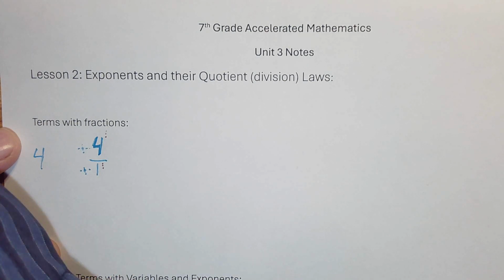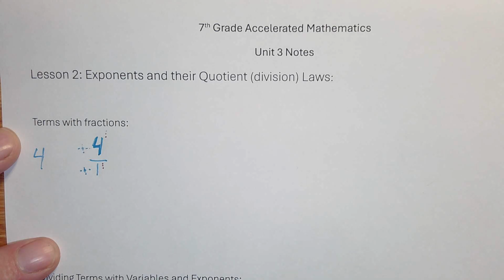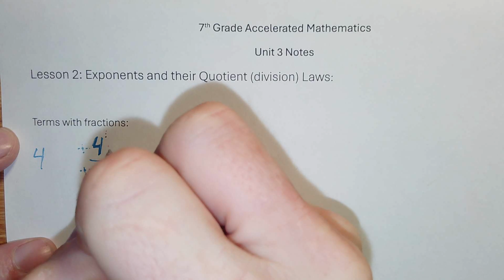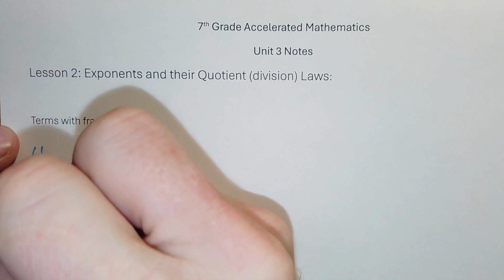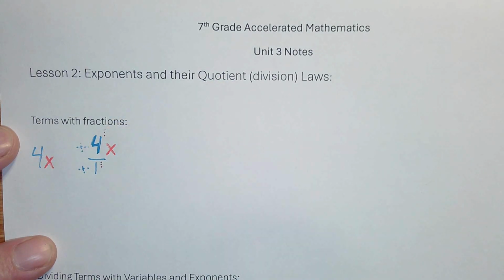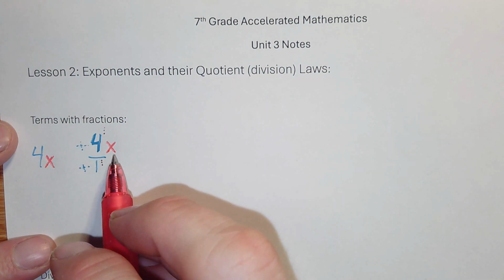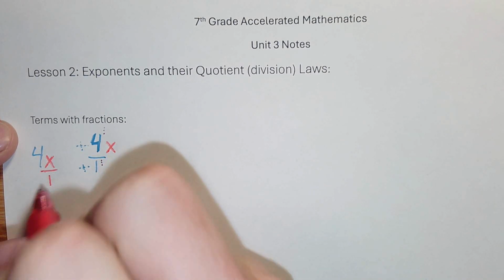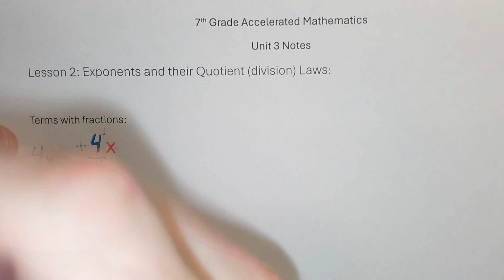But if we add a variable to this, it becomes a little different. We'll use a good old x. We call this 4x, right? Now you notice that x is in the numerator, because this is actually x over 1. The 1 is just invisible.